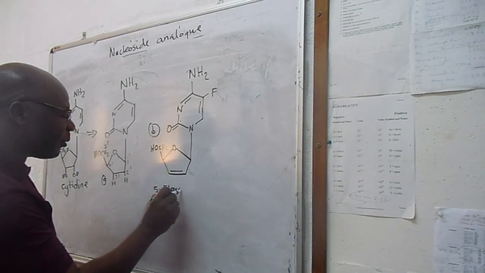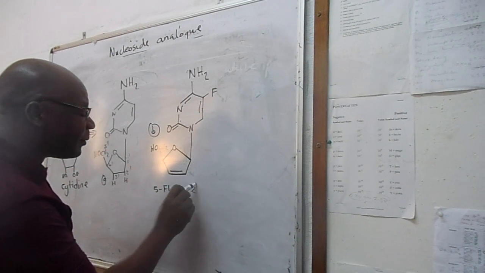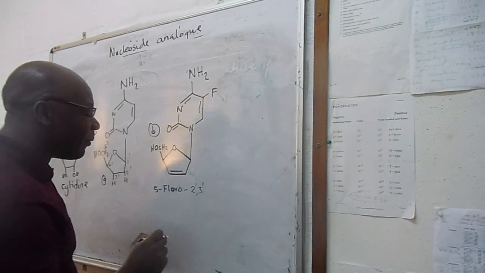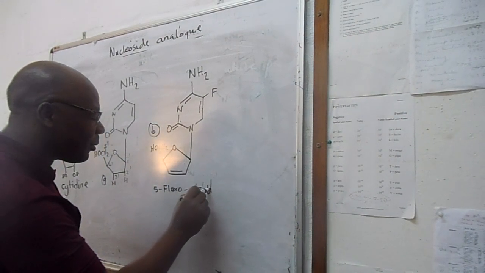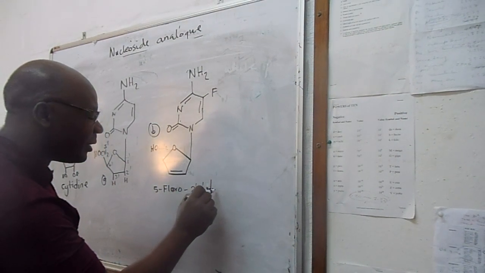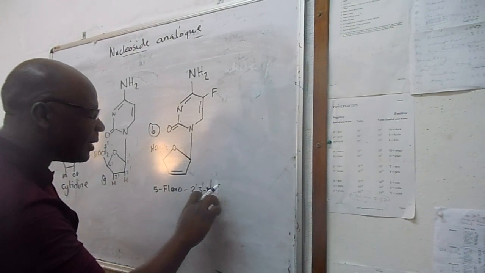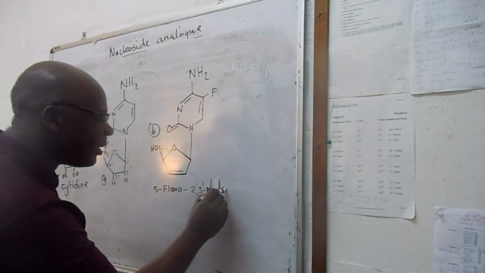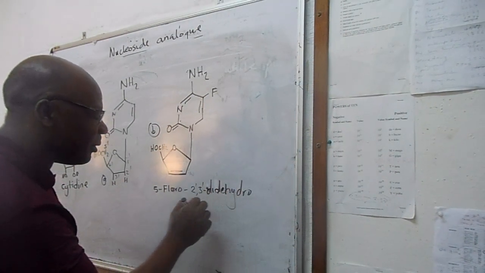there is fluoro. Okay, fluoro. But at 2' and at 3', we removed the hydrogen. So we would say 2 removals of hydrogen, dihydro. Dihydro, that's the removal of hydrogen, but there are 2.